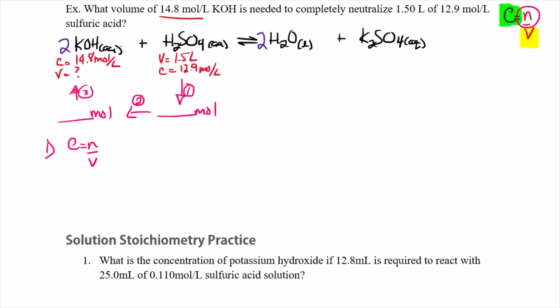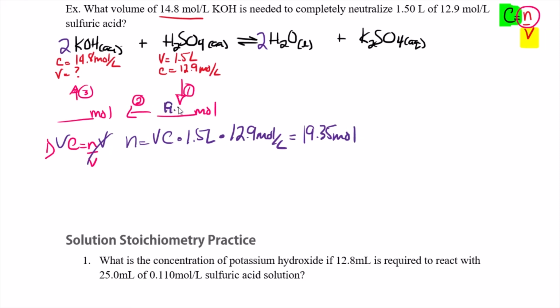I need to get n by itself, so we can multiply by V on both sides. n is equal to V times C. My volume was 1.5 liters, and my concentration is 12.9 moles per liter. And that gives me 19.35 moles. Now these are moles of sulfuric acid.